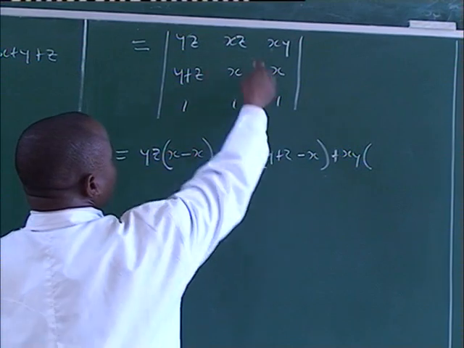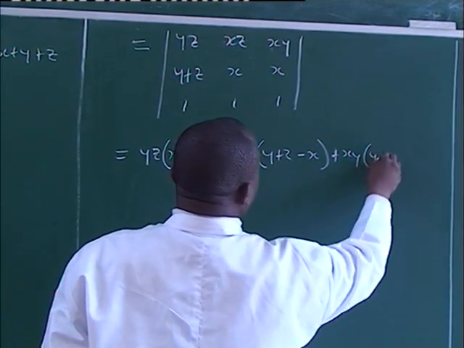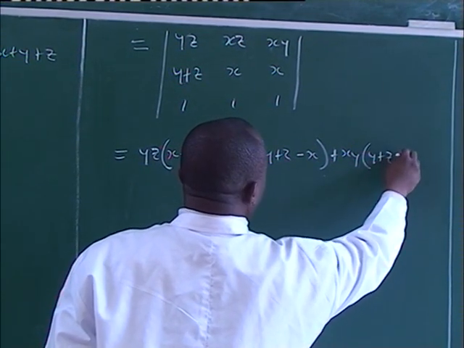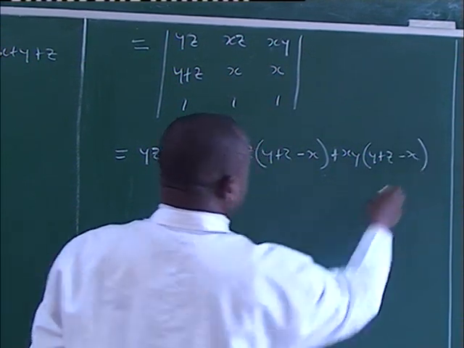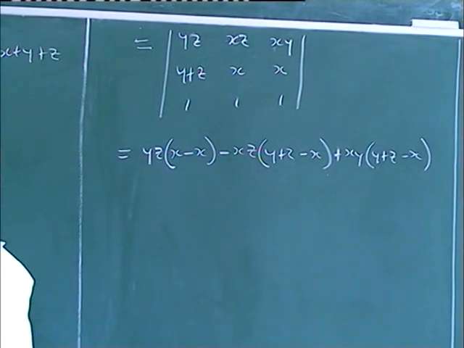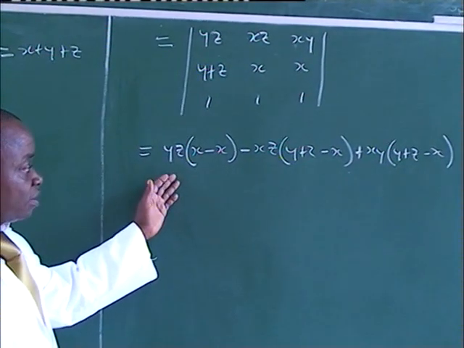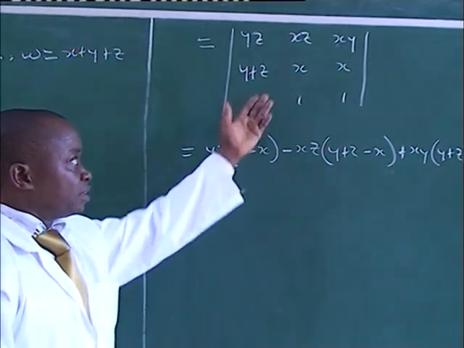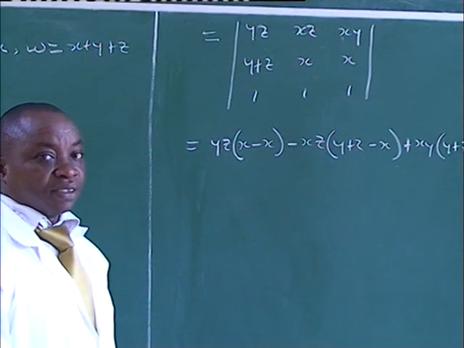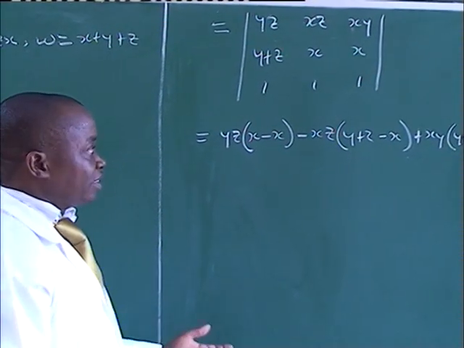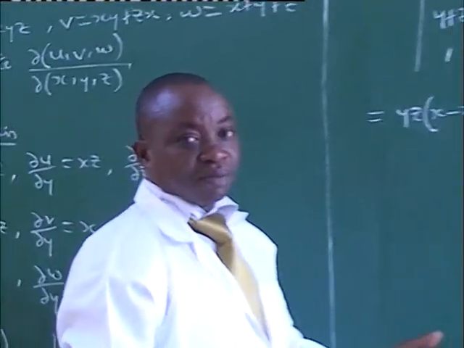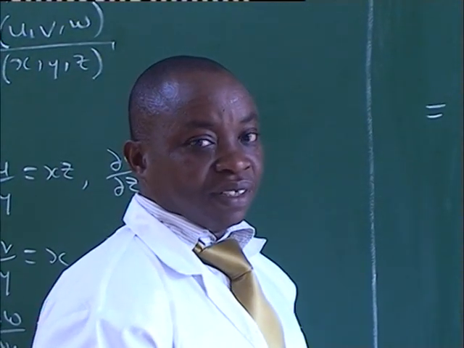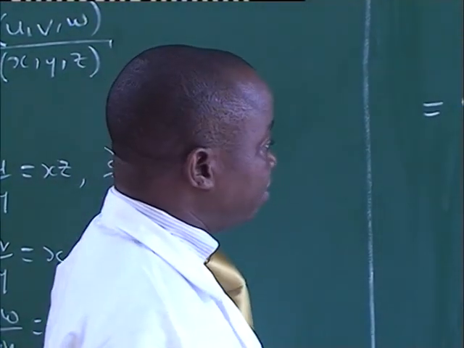We ignore here and here, then this times this gives us y plus z minus x. It is assumed that the students are familiar with determinants of third order, because that is the elementary part of it that we are using. It's very simple to deal with.